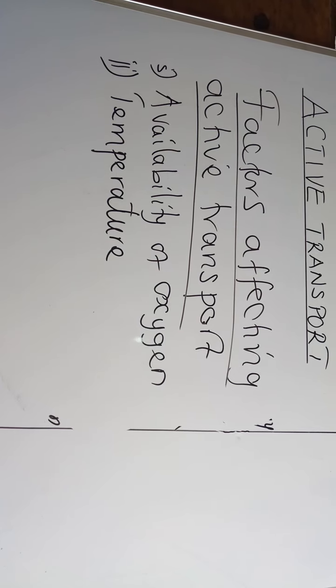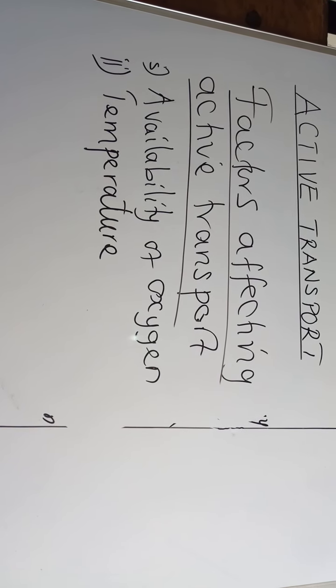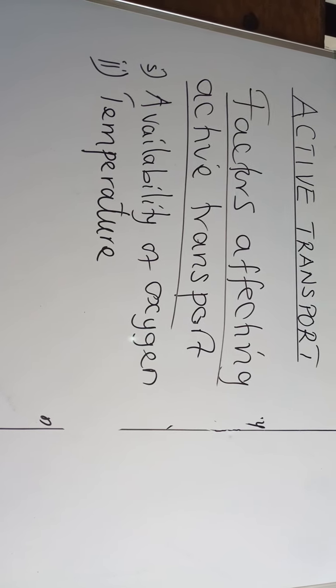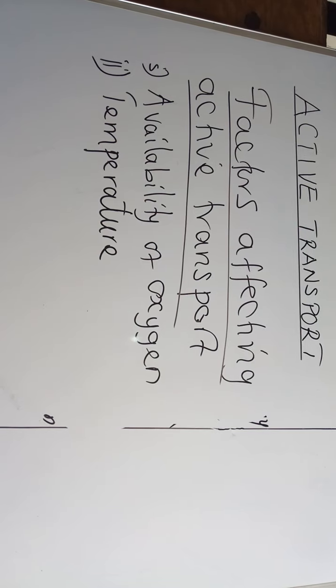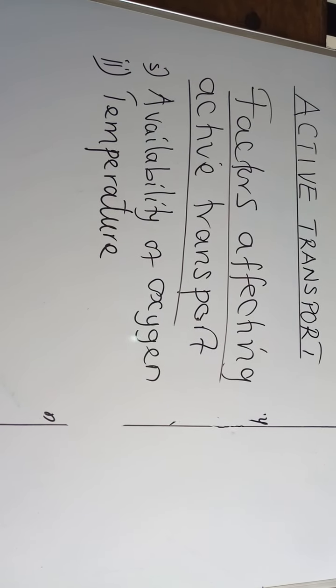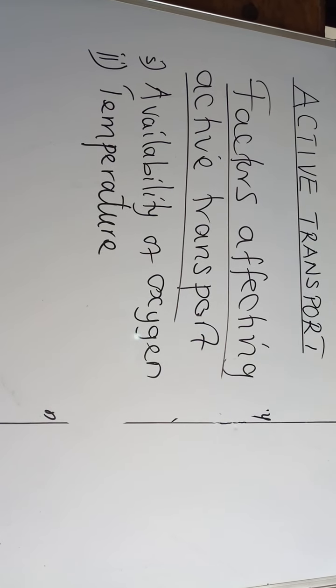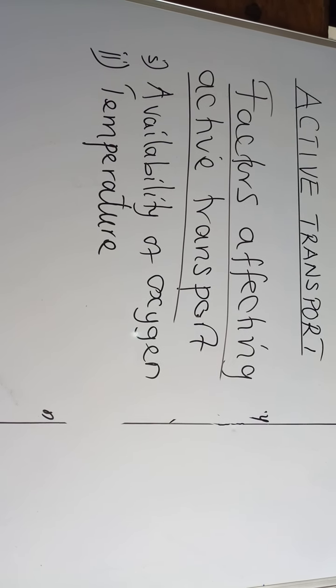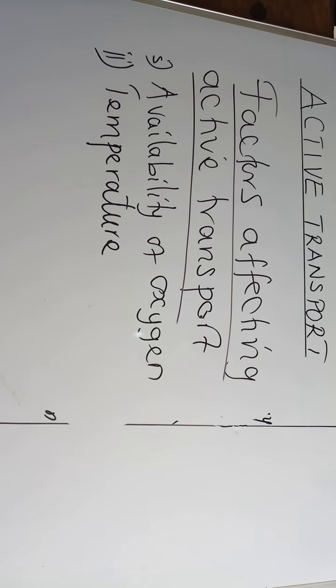But if the temperature is too low, active transport will not take place because enzymes will be inactive. If the temperature is too high, above the optimum, that is 60 degrees Celsius and above, the enzymes will be denatured. When enzymes are denatured, active transport will not take place because no energy will be produced from respiration.